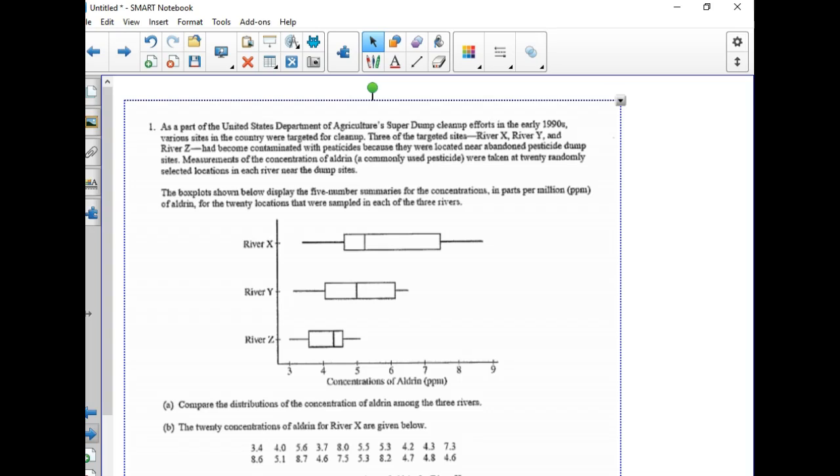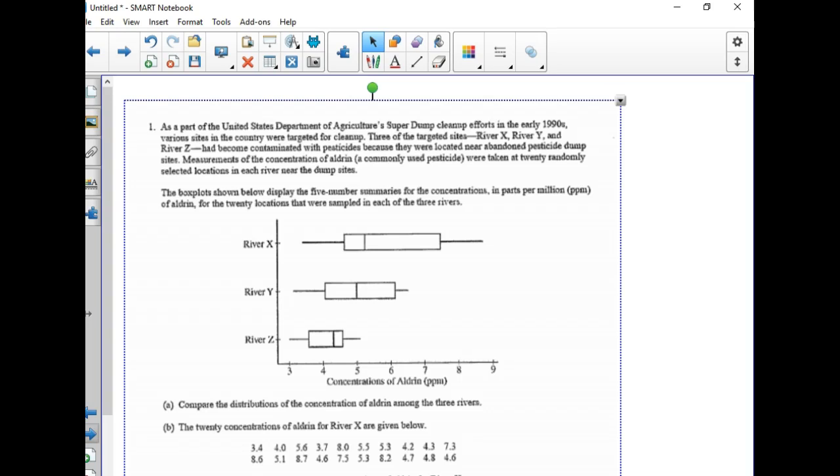Measurements of the concentration of aldrin, a commonly used pesticide, were taken at 20 randomly selected locations in each river near the dump. Circle the word 20, okay? The box plots display the 5 number summaries for their concentrations in parts per million of aldrin for the 20 locations that were sampled in each of the 3 rivers. Use IQRs to compare the distributions of concentrations of aldrin among the 3 rivers.